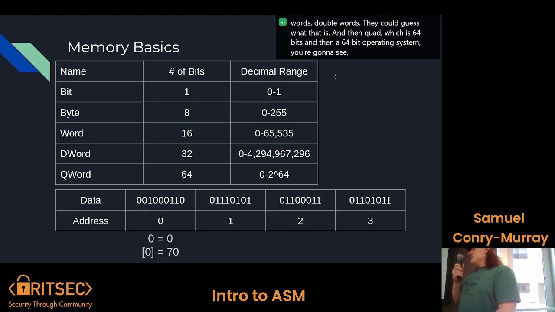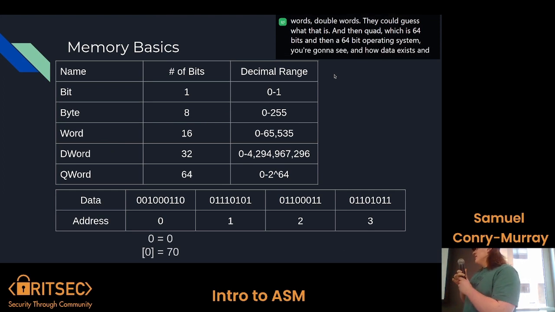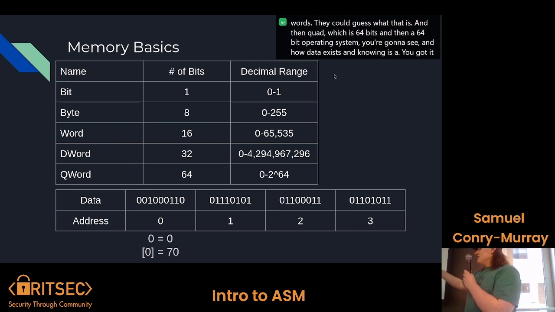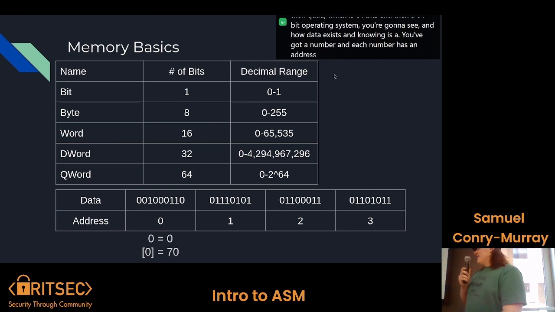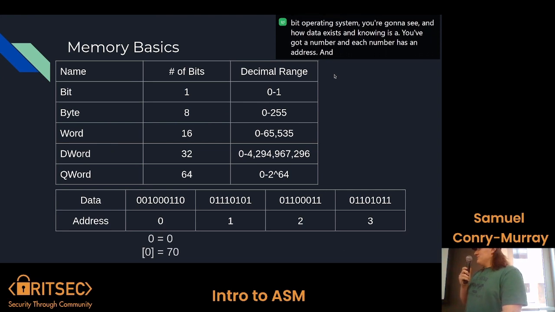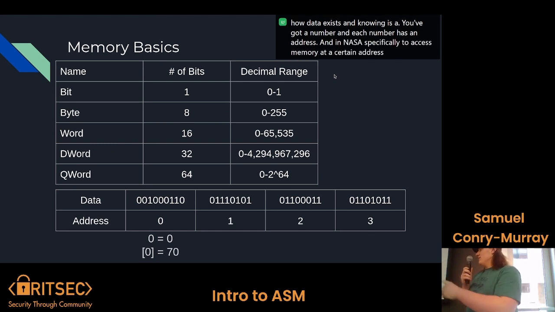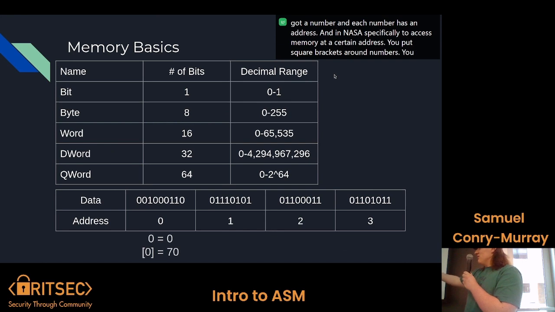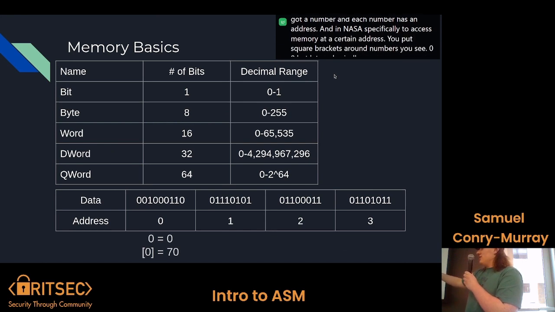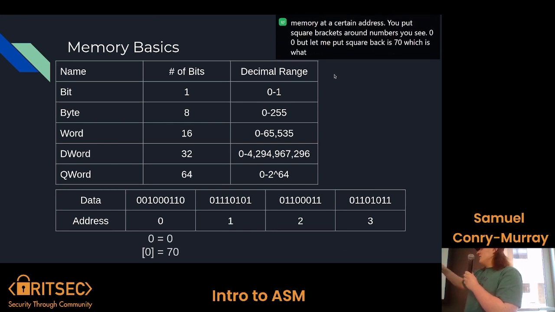And how data exists in memory is you've got a number, and each number has an address. And in NASM specifically, to access memory at a certain address, you put square brackets around the number, so you see 0 is 0, but when you put square brackets around it, it's 70, which is what that binary up there is for that data. And each address refers to a single byte of data.